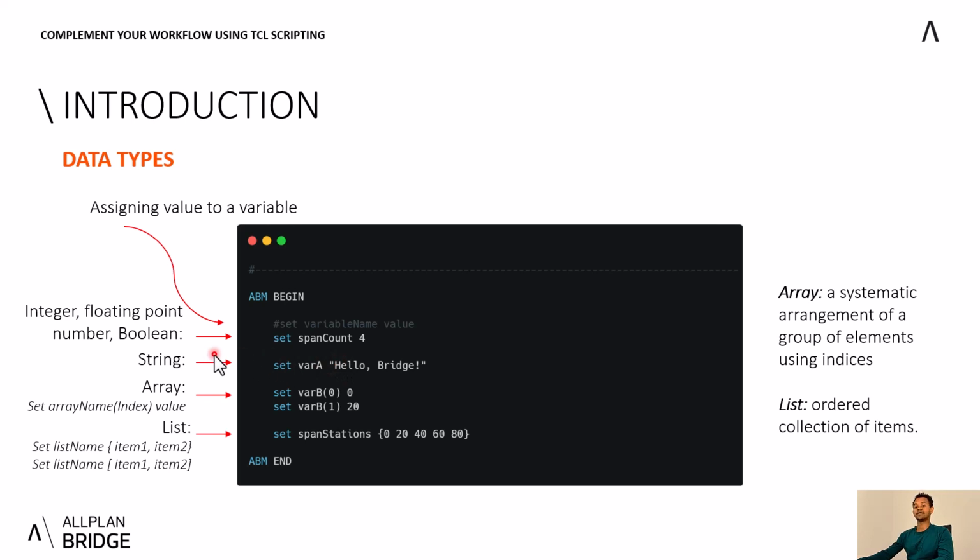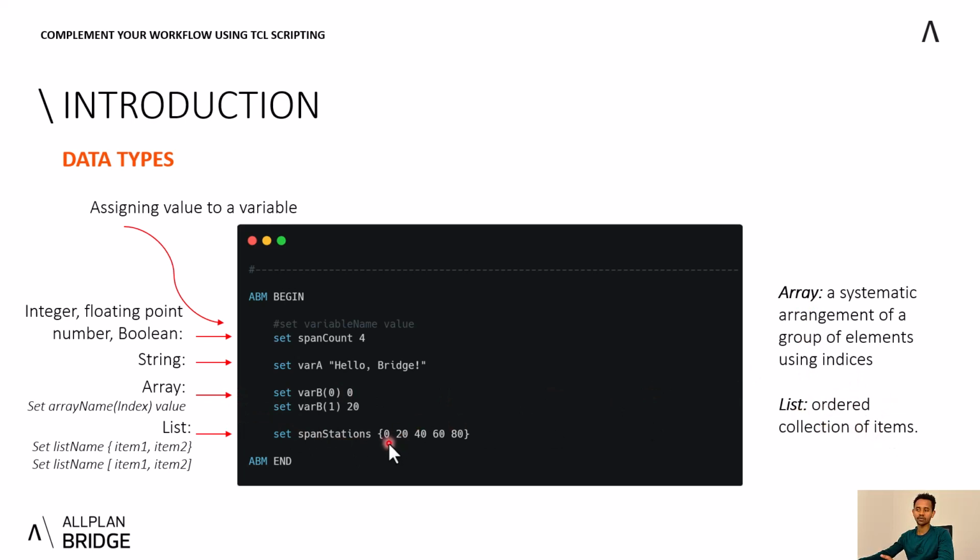If you want to assign an array, we can say set var b, put the index and put the value. So you can have this as an array. And if it's a list, you just have to say set list name and use the braces like this. We can have the list. Just a small note here: a list is an ordered collection of items.